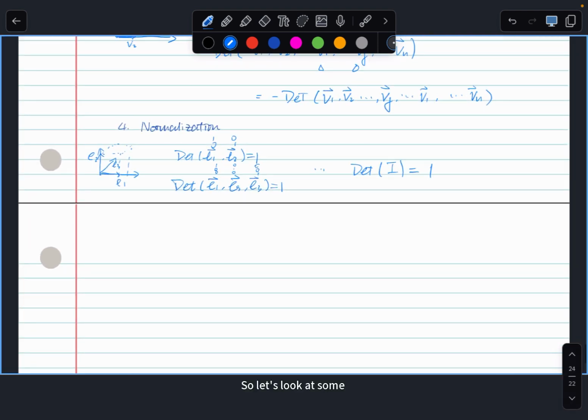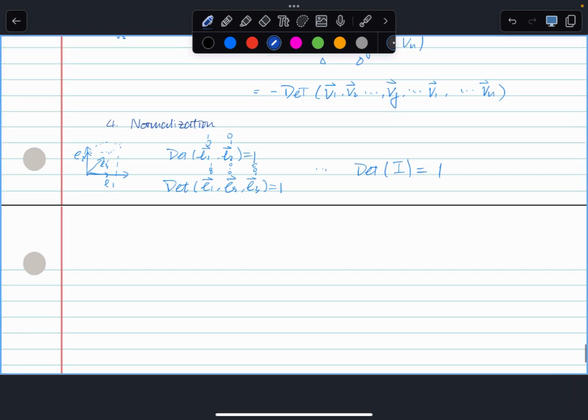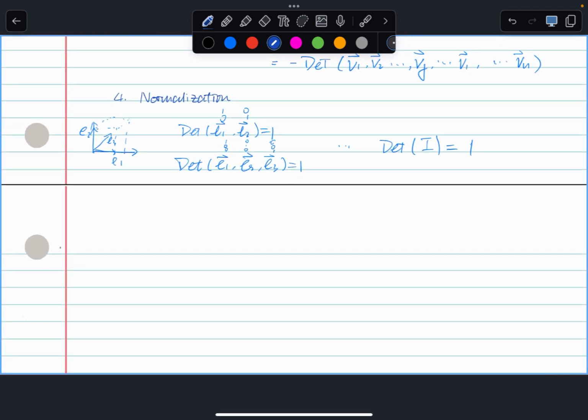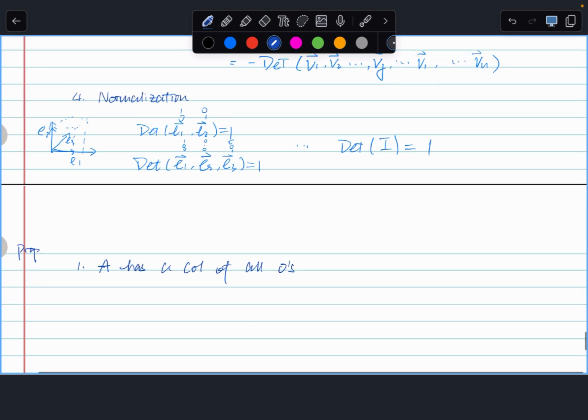So let's look at some propositions. The first one is, if we have a matrix with a column that's all zeros, then the determinant is 0.